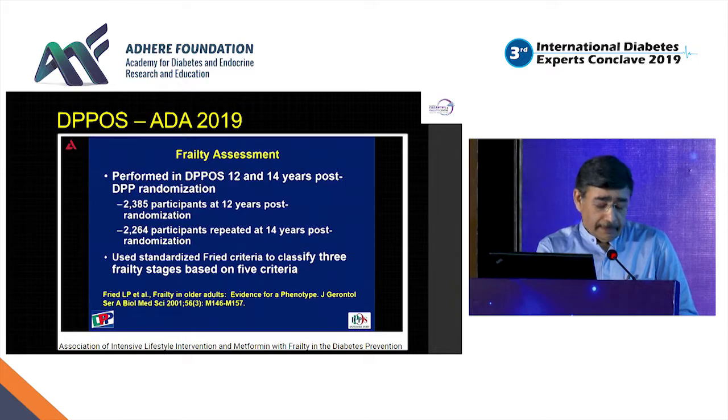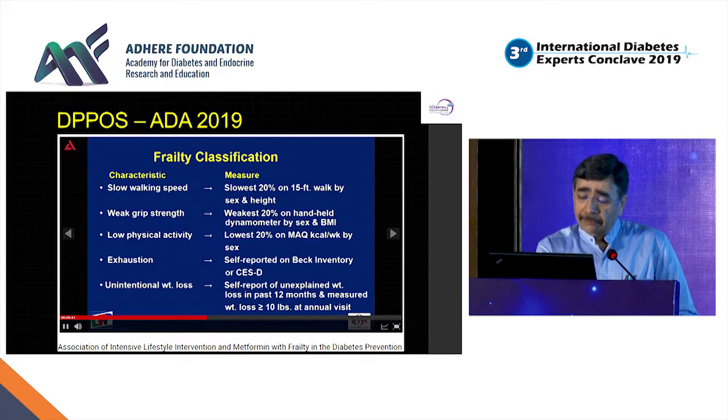And they were looked for frailty based on standard criteria, which is Fried's criteria. 5 parameters: slow walking speed, weak grip strength, low physical activity, exhaustion, and unintentional weight loss. And based on the number of factors present, they were classified as frail, pre-frail, or non-frail.